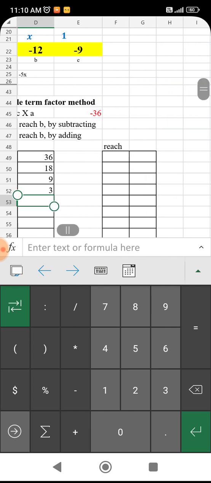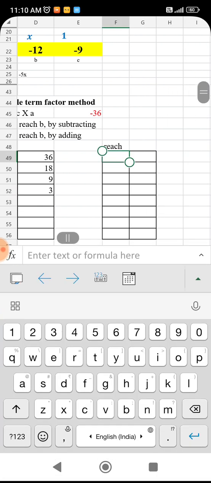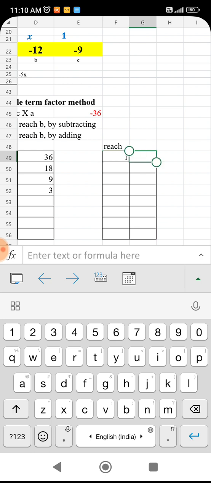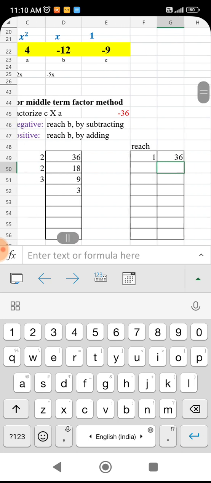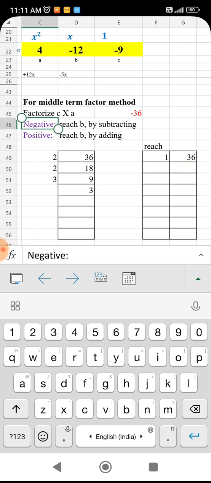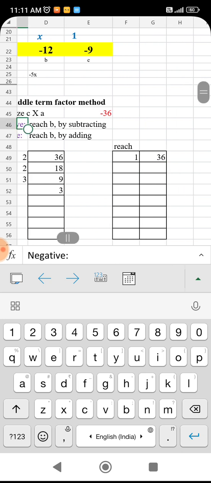So first what we have to do? 1 into 36. This is the first multiplication pair. Now we have to reach by subtracting or adding. Here it is negative, so we have to reach which value?